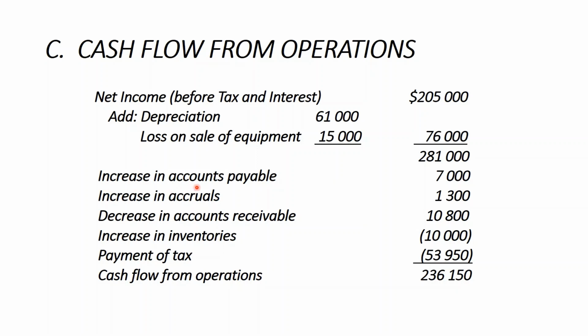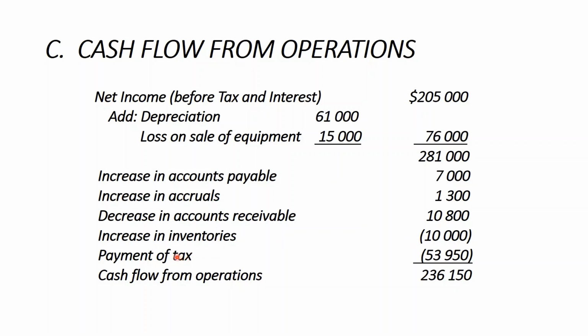So an increase in here, this one, for instance, is a current liability, and you see it's an inflow of cash, which is the opposite of the one that you have to remember, right? An increase in accruals, same thing. So we add it on. A decrease in the accounts receivable, right? 10,800. So we add it on. Increase in inventories, increase in current assets. You take that as an outflow and you minus the 10,000 in cash.